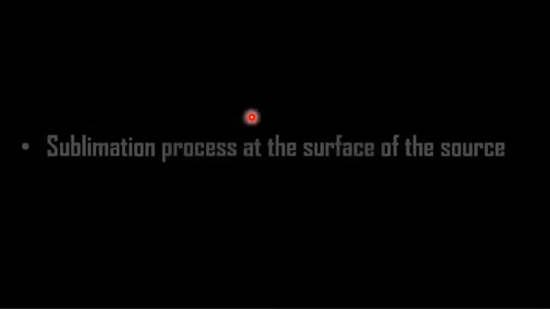Another key factor to consider in the closed space sublimation process is the sublimation at the surface of the source. Now, this is very important. You have to sublimate the source material in a uniform fashion.